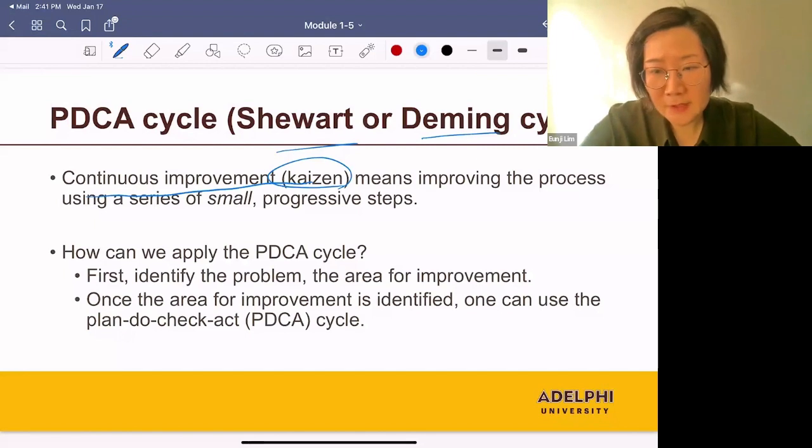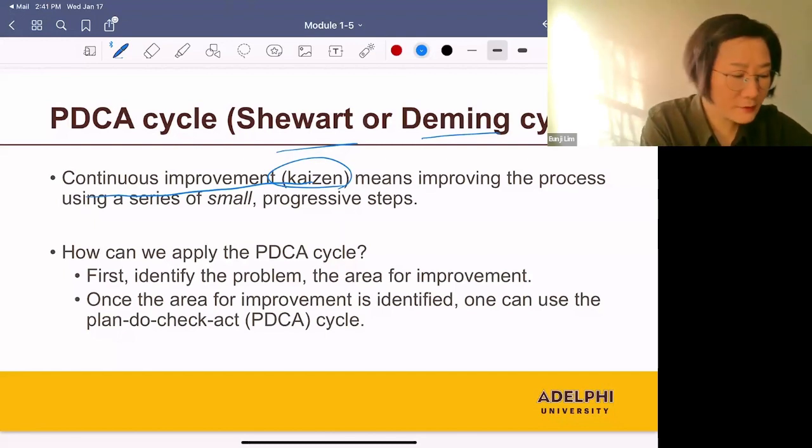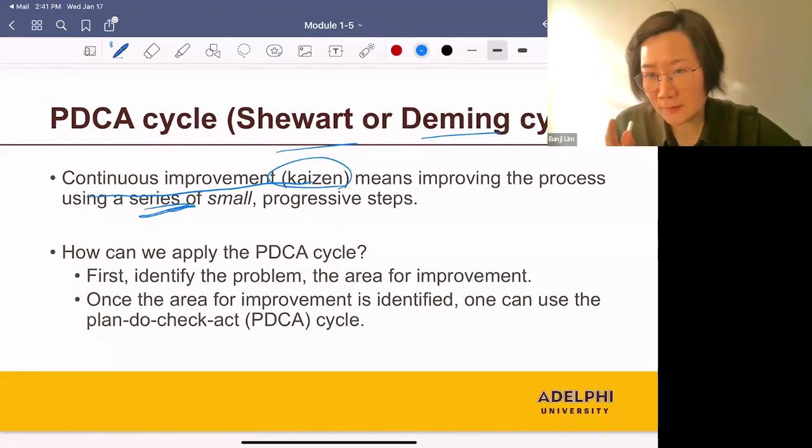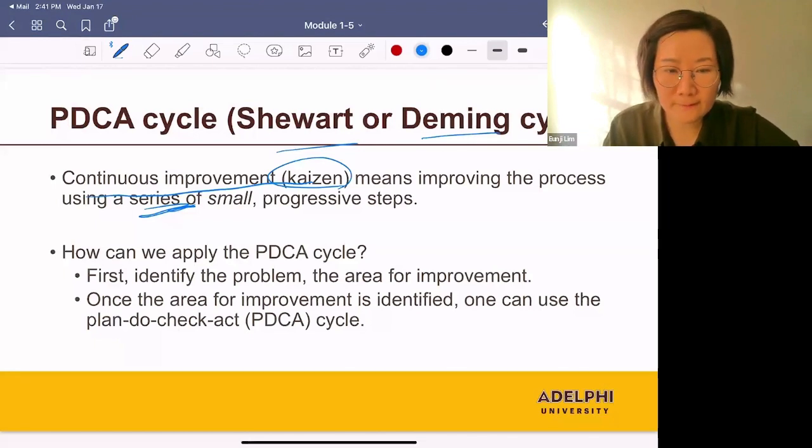It means improving the process using a series of small progressive steps. The key idea is using a series of steps. You're not going to try one step or two steps. We're going to try a series of steps until we find the solution.